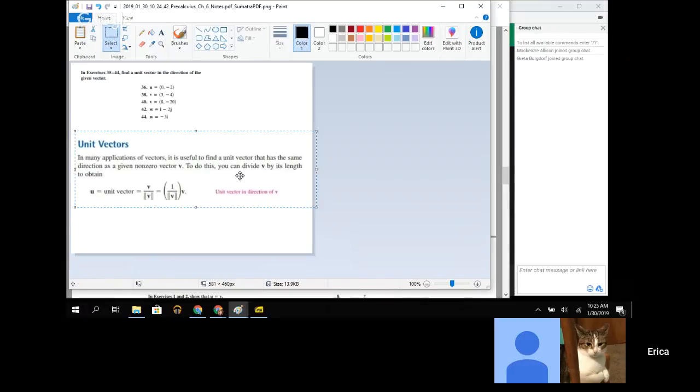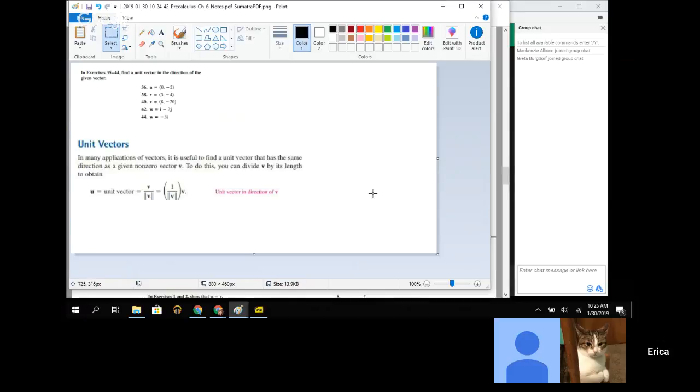Okay, it says, in many applications of vectors, it is useful to find a unit vector that has the same direction as a given non-zero vector v. To do this, you can divide v by its length and obtain the unit vector u equals the vector divided by the magnitude of the vector, which is equal to 1 over the magnitude times the vector. Okay, so let's talk about what this means.